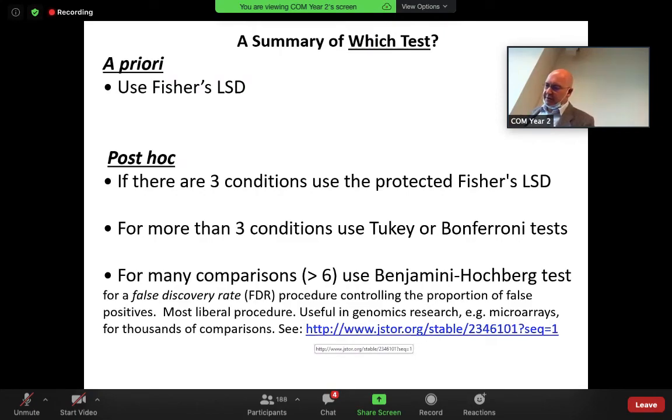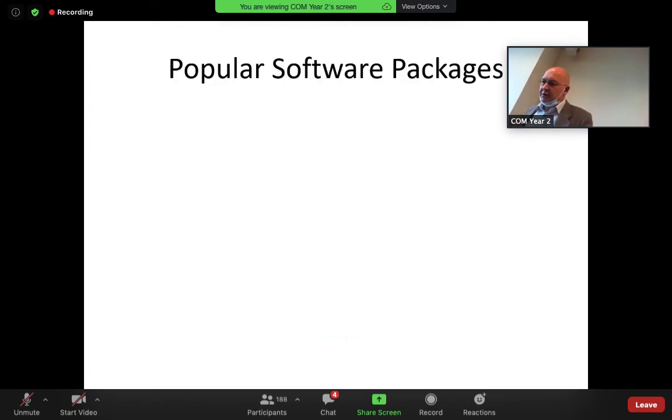It's got a false discovery rate procedure. It's actually quite straightforward. You can set it up in an Excel sheet to do it. And if you want to read the paper, if you happen to start to do this sort of multiple comparisons, which is done a lot in genomics research with microarrays and that sort of thing, they're doing not just tens of comparisons, they're doing thousands of comparisons. So that can be quite a useful procedure.